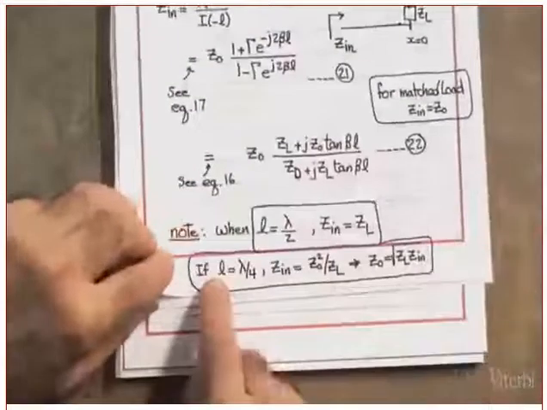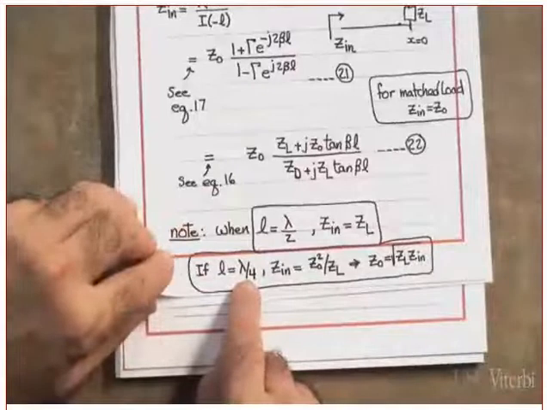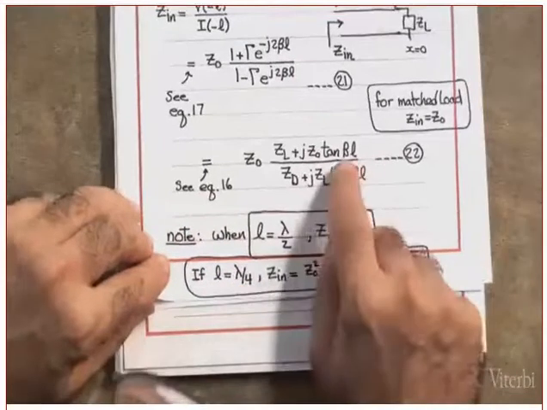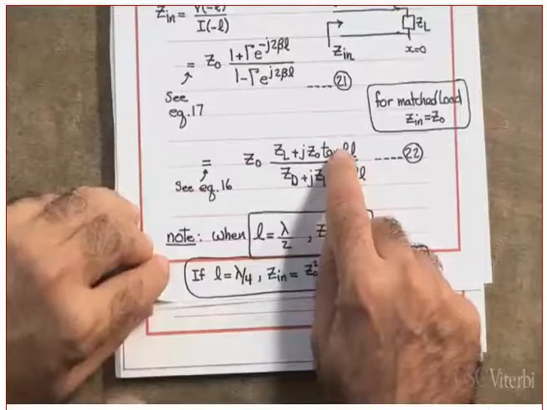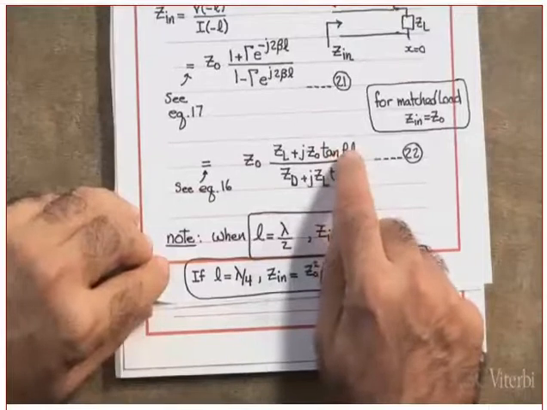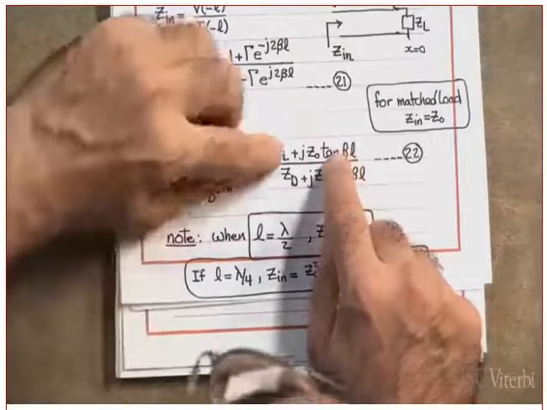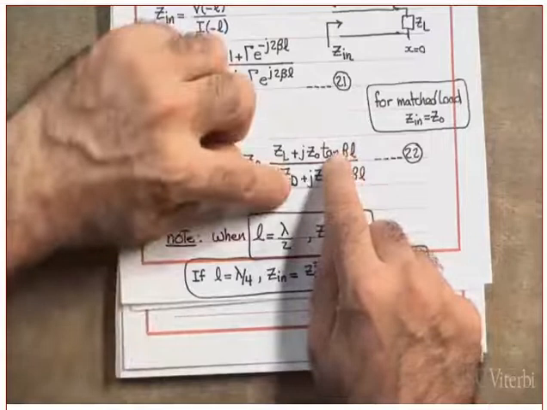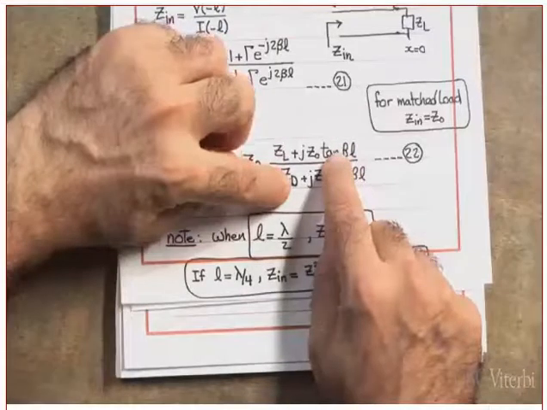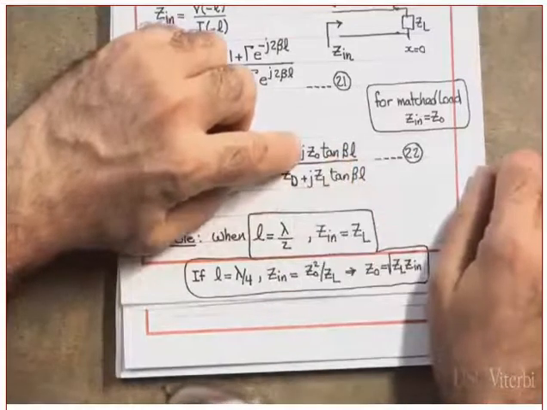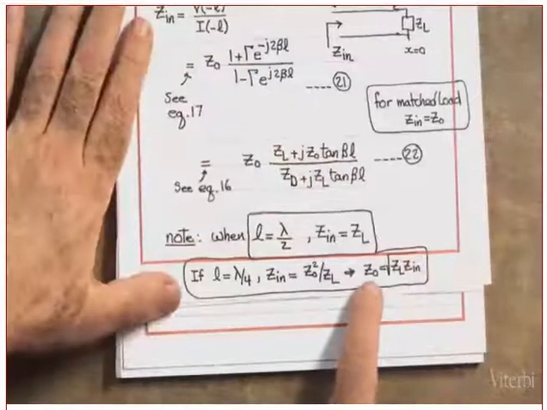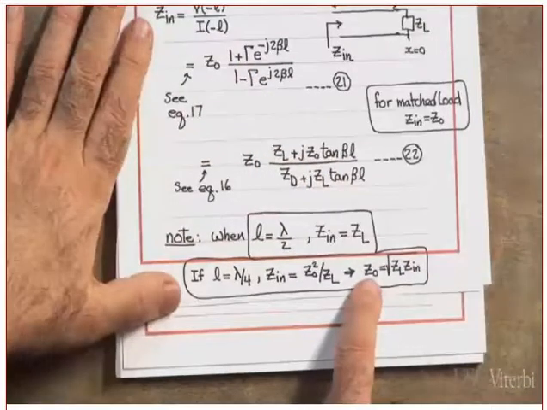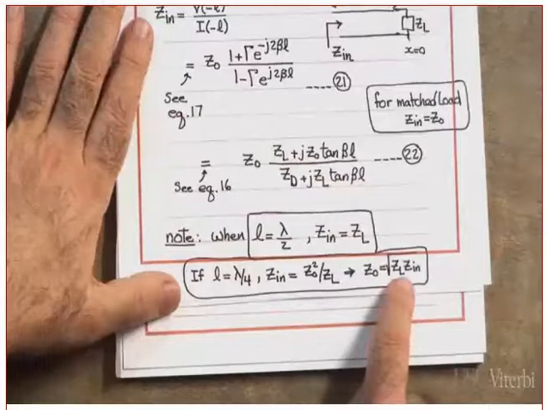Okay. I want you to see this. If the length is a quarter wavelength, then what will this one be? This will be infinity. Yes? Because it's tangent of what? Pi over 2. If this is infinity, it means this one and this one are negligible as far as infinity is concerned. Which means I can cancel the J with the J. What do I end up with? I end up with Z naught equal to what?